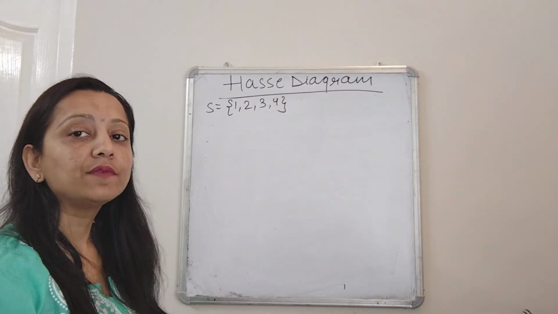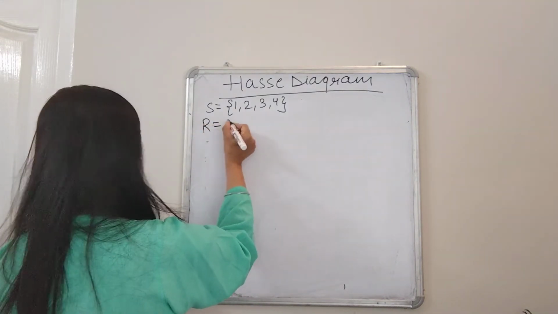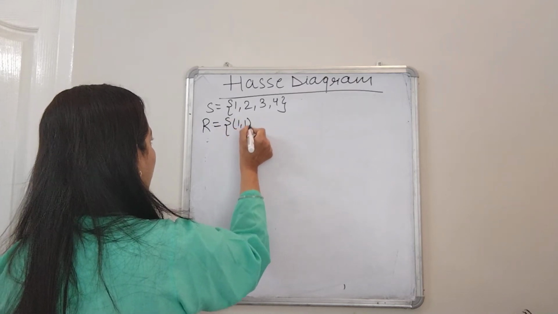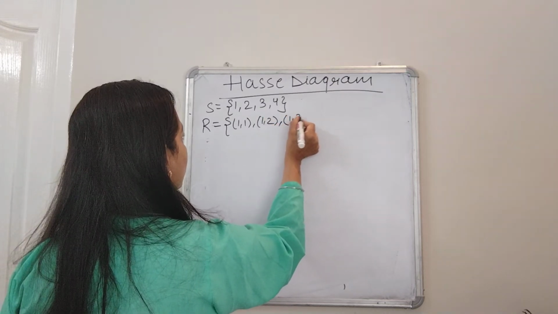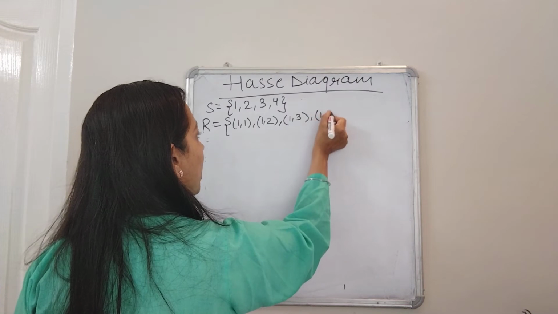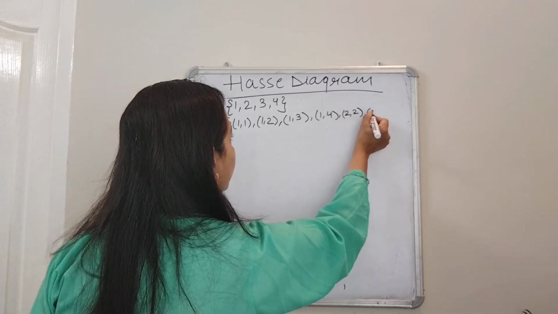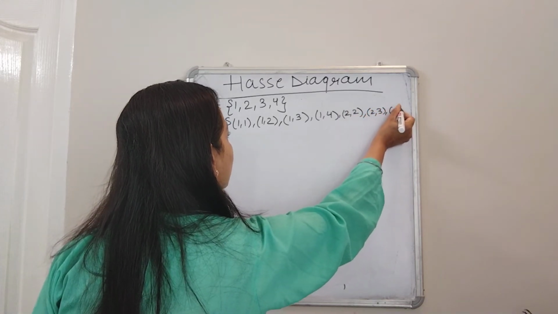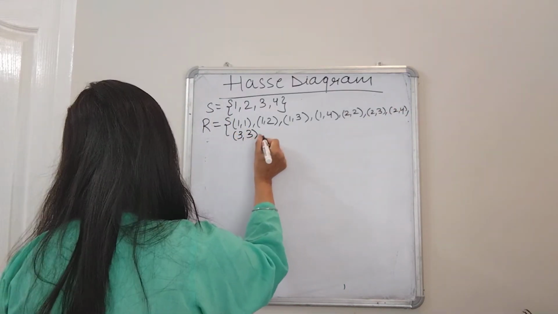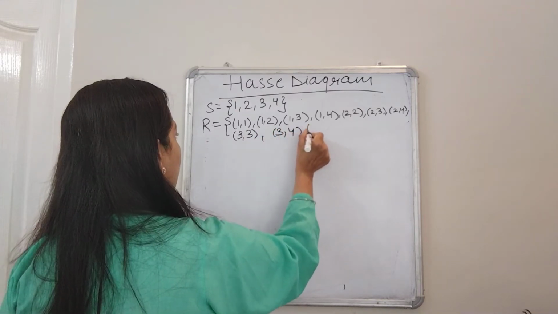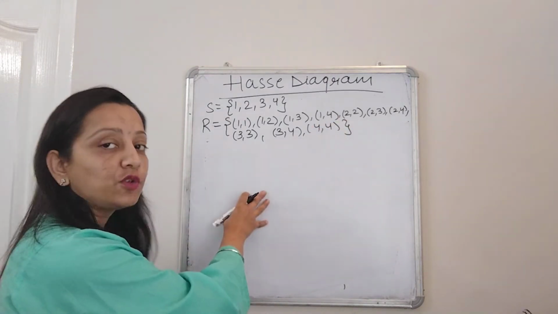Then I have a relation which has elements (1,1), (1,2), (1,3), (1,4), (2,2), (2,3), (2,4), then (3,3), (3,4) and (4,4). So these are all the ordered pairs of my relation.